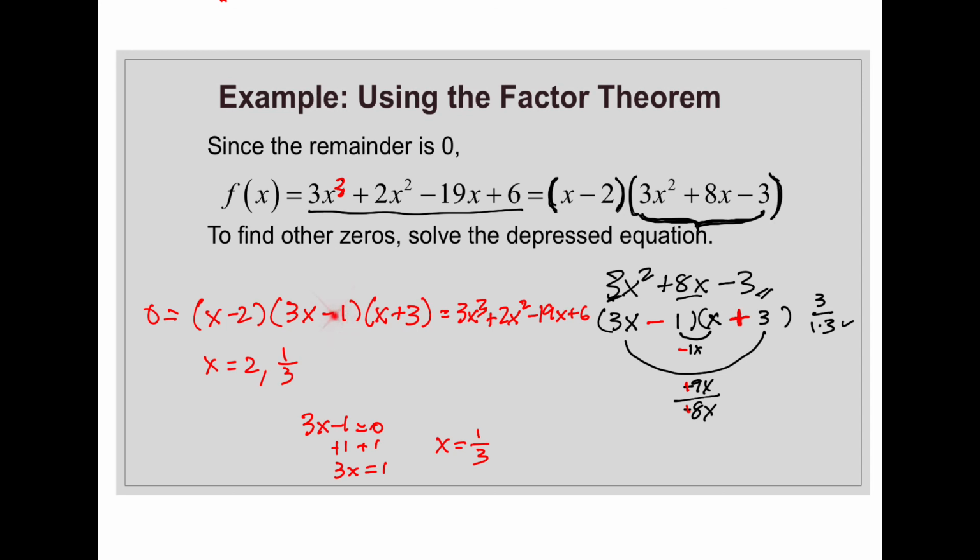So opposite of this divided by the coefficient of x gives me positive 1/3. And then, of course, the last one is negative 3. These are the 3 roots, the 3 zeros of that. It also gives me the broken up polynomial factors that give me the overall larger polynomial function.